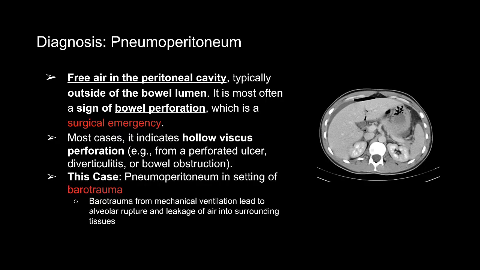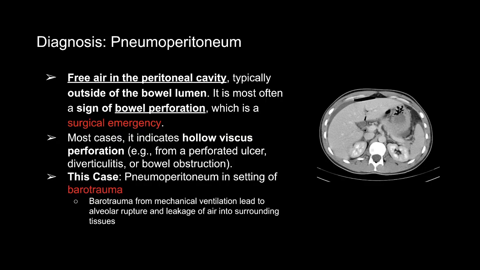If there's necrosis or death of bowel tissue, that can weaken the walls of the organ and make them more prone to rupture. So in this specific case, the pneumoperitoneum was in the setting of barotrauma. So what happened is this patient was under mechanical ventilation. So they're intubated and receiving ventilator support for life support.